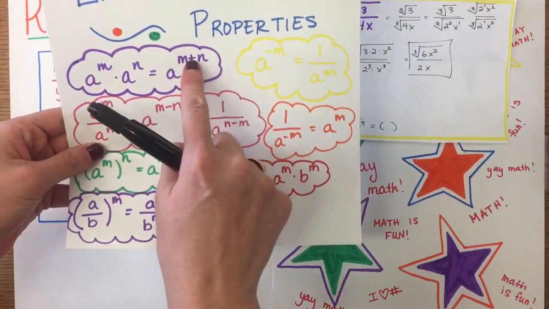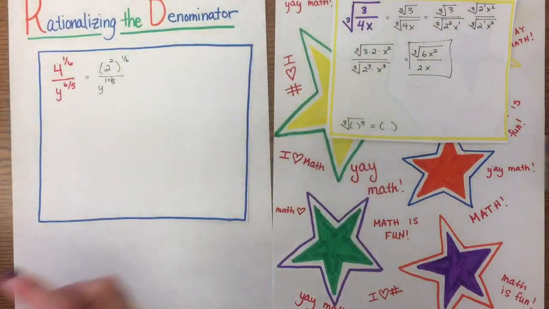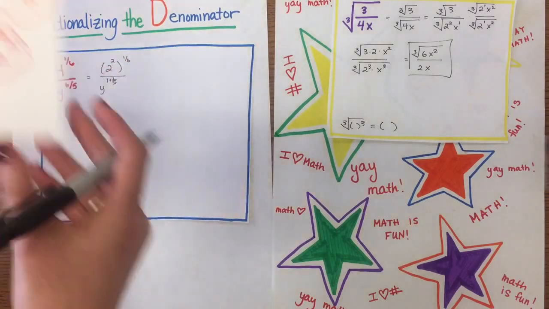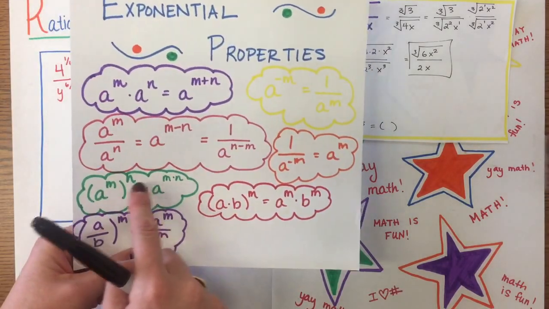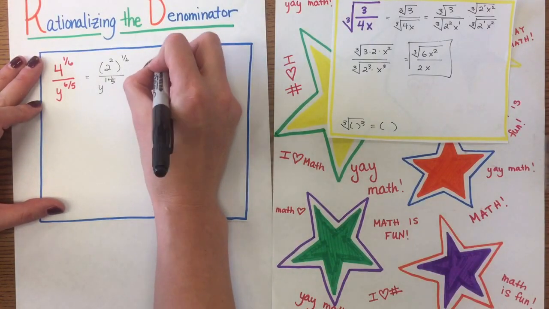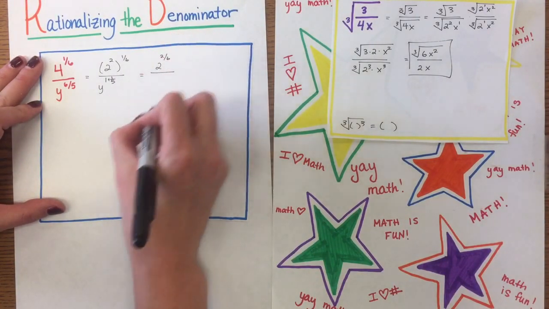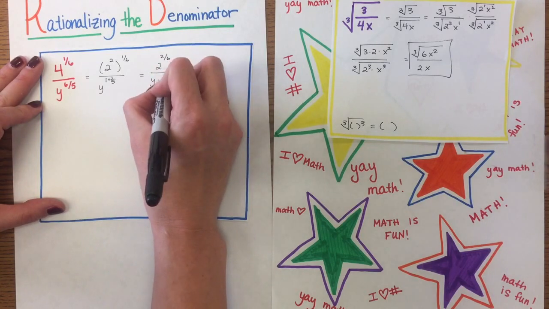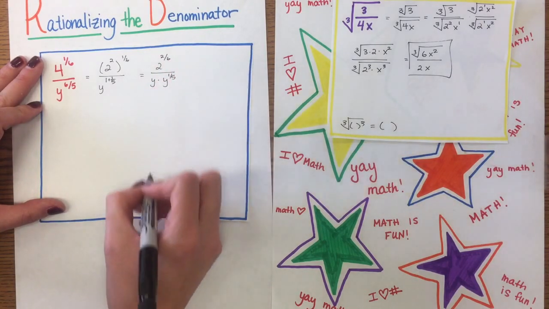If I have addition up here, I can turn that into multiplication. I can also use this property to rewrite this as 2/6. So this is 2 raised to the 2/6 divided by y to the 1 times y to the 1/5.